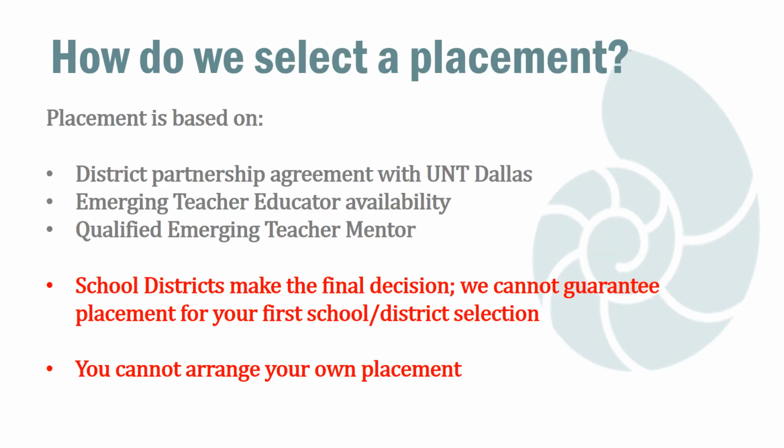Placement is based on district partnership agreement with UNT Dallas, emerging teacher educator availability, and qualified emerging teacher mentors. School districts make the final decision. We cannot guarantee placement for your first school or district selection. However, we're going to try our hardest to make sure everybody gets placed in their first choice. You cannot, however, arrange your own placement.